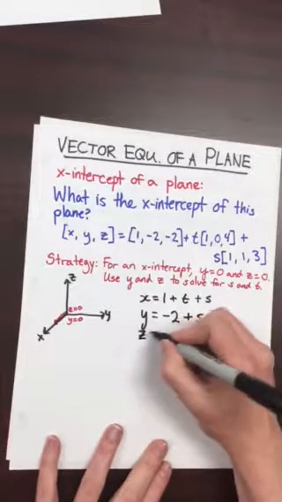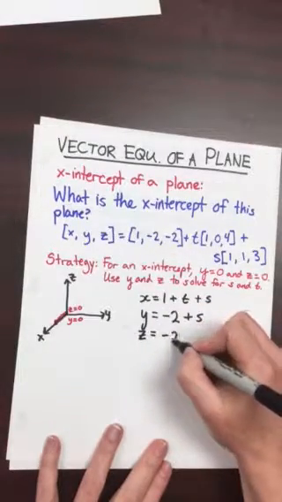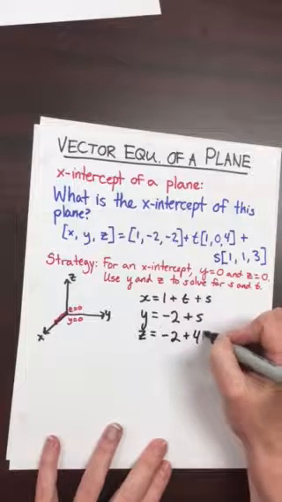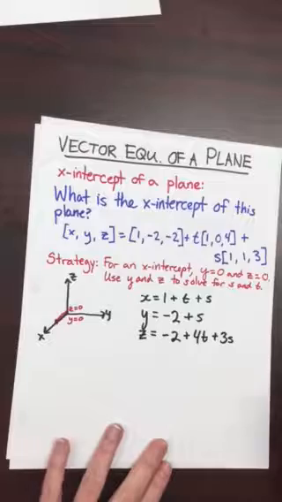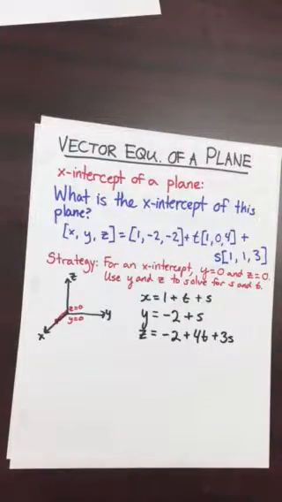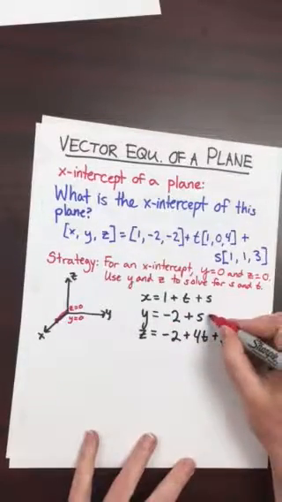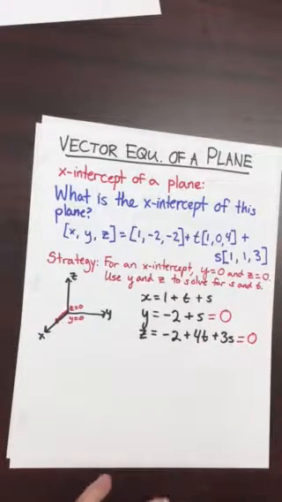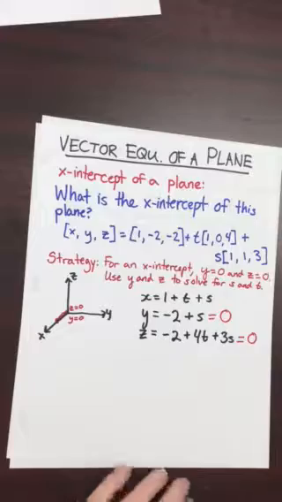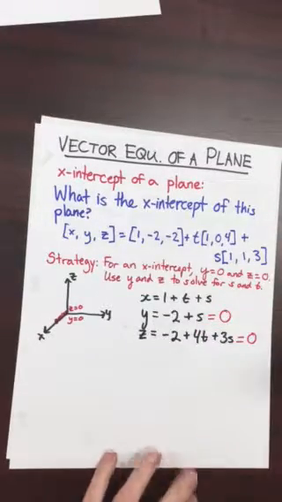And finally, I've got z. Z is equal to negative 2 as well, plus 4t plus 3s. So what I need to do is set both z and y equal to 0 in order to find that x-intercept.